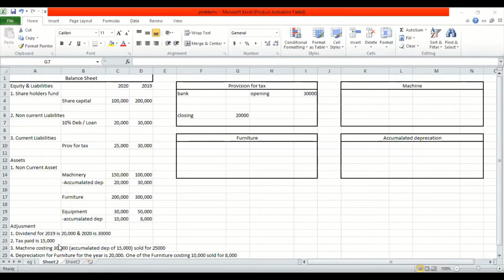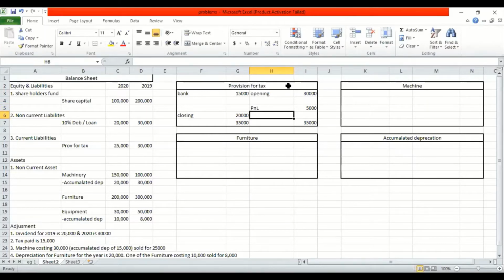Tax account debit to bank. So in the tax ledger, I will be writing to bank, and I will write the figure over here as 15,000. Once I do that, I'll just simply close my ledger. So 20 plus 15 is 35,000, and the balance I will write here, 5,000. And what is the balance? I will write P&L account.